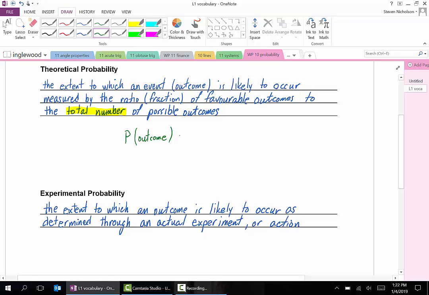So the probability of an outcome, the probability of something happening, is simply equal to the number of favorable outcomes, like the number of ways to get what you want, divided by the total number of possible outcomes.